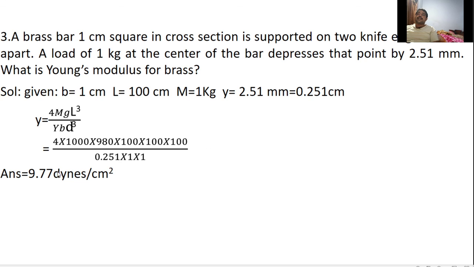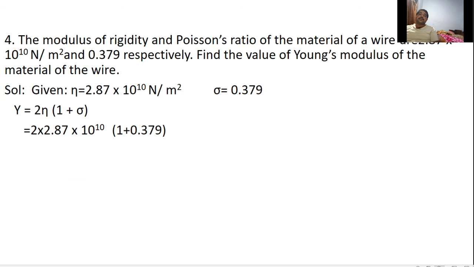When you substitute these values, we get the Young's modulus of the material as 9.79 dynes per centimeter.